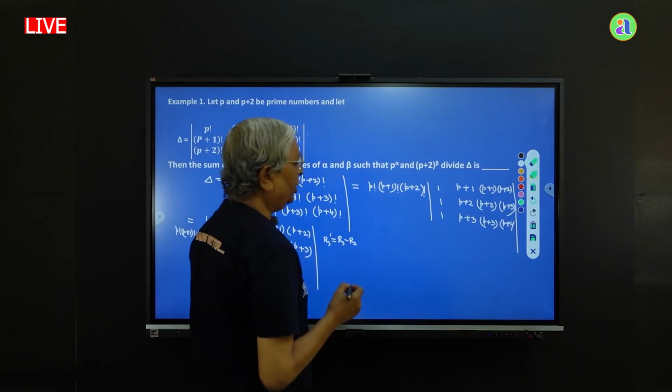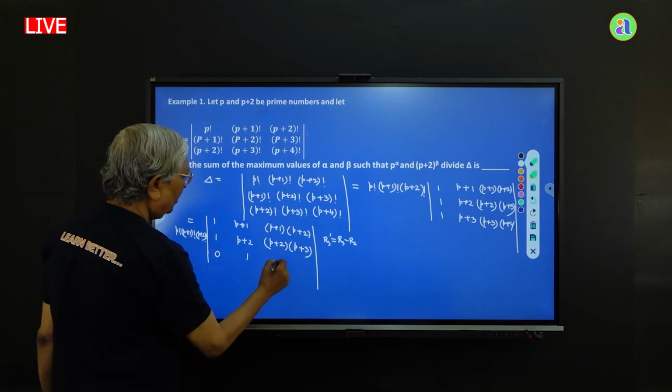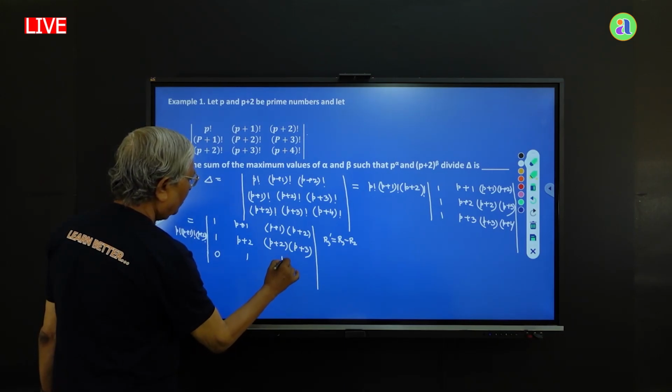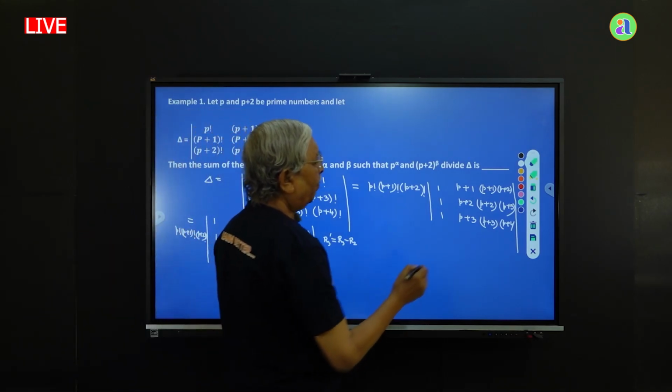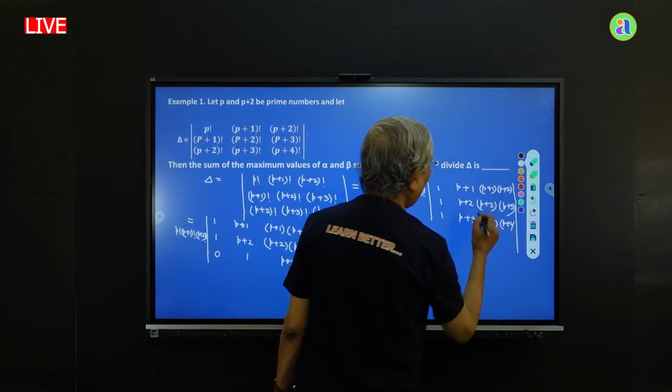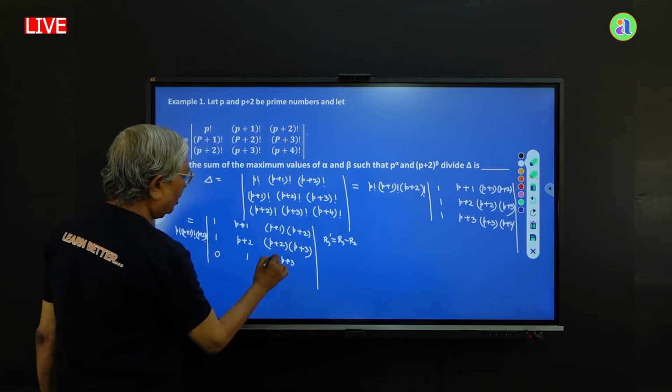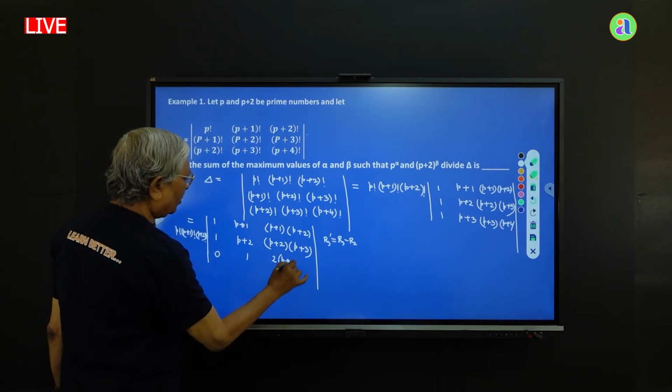Take common p plus 3: p plus 4 minus p minus 2, so this is 2 into p plus 3.